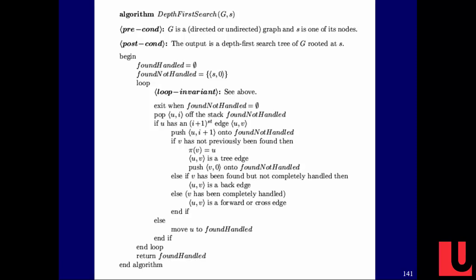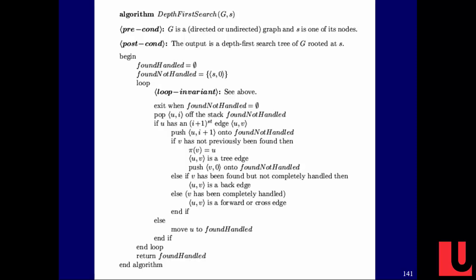And then we deal with V, looking at V's breadcrumbs. If V has not been found previously, then we set the tree edge so that U is V's parent. UV is called the tree edge because it's part of these paths. And we push V0 onto the stack because we've handled 0 of V's edges.